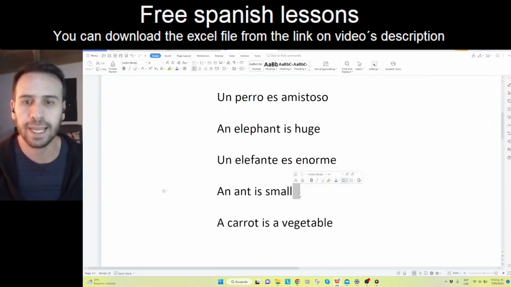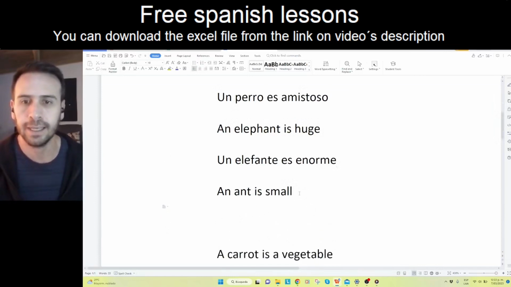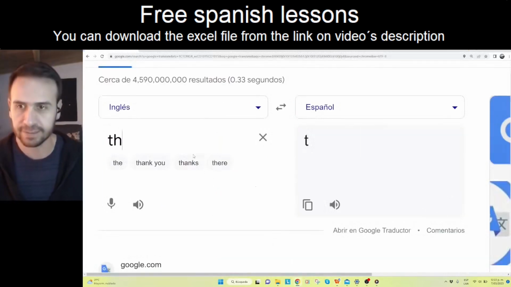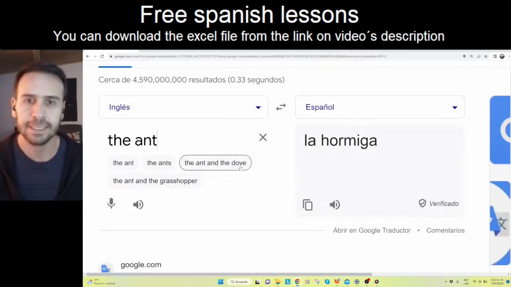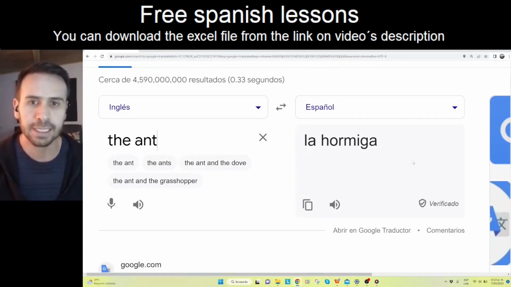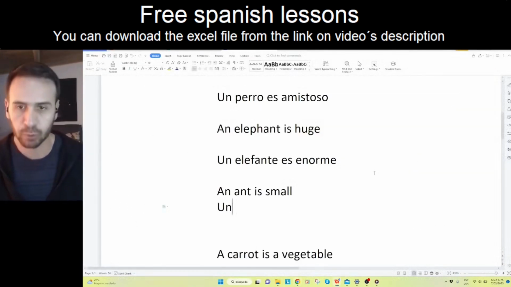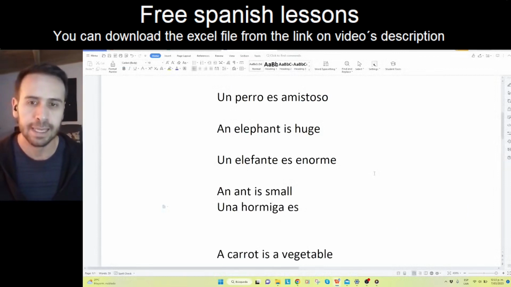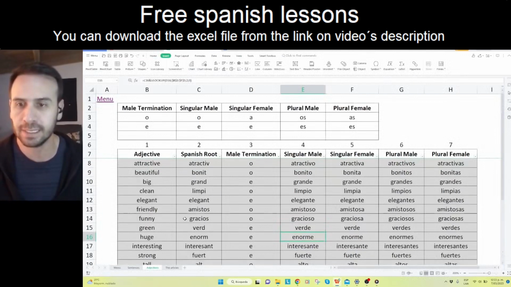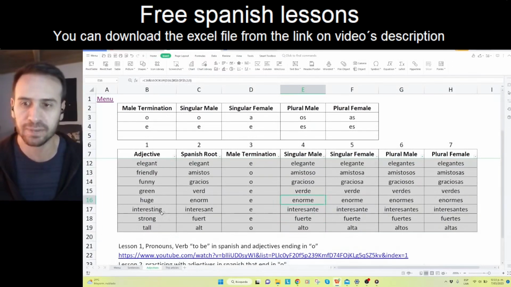Then we go for an ant. An ant is small. So let's find out the gender of ant. The ant, la hormiga, is female. Then you put una hormiga, same as in elephant and dog, the verb to be es, and small. Let's find down in the adjectives if we have small. We don't have small here.